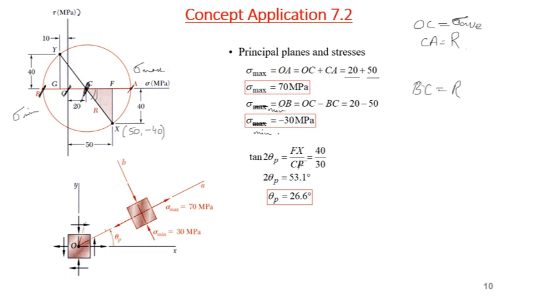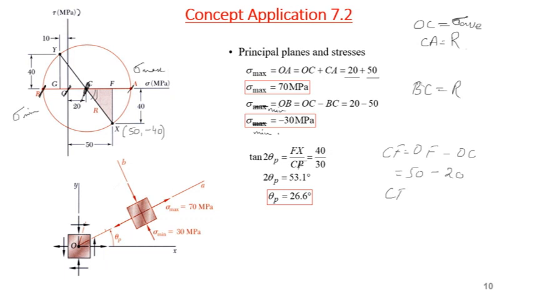CF is simply OF minus OC. OF was 50 and the average stress was 20.